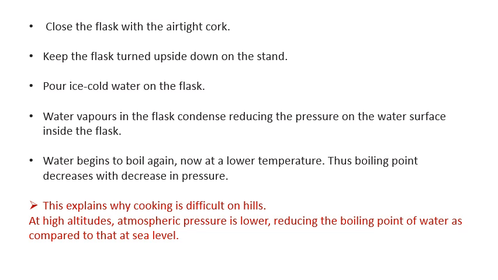And this explains why cooking is difficult on hills. At high altitudes, atmospheric pressure is lower and it will reduce the boiling point of water as compared to that at sea level.